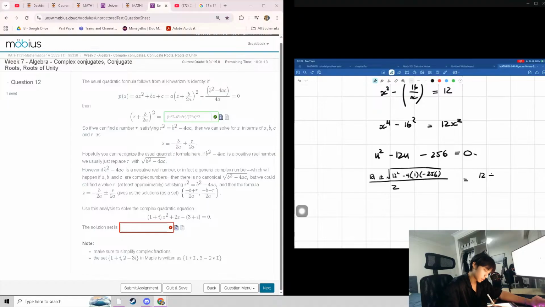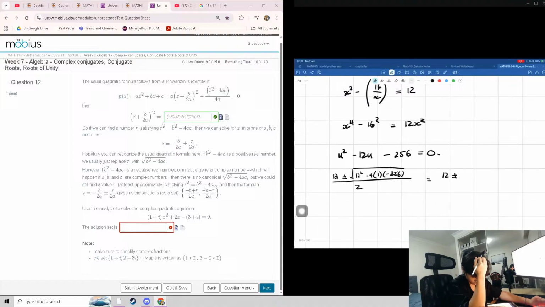That's equal to 12 plus or minus 144 plus 4 times 256. That's 1,024. Yep. So plus 144, and then that's 1168. So what's the square root of that? We get 34 something.